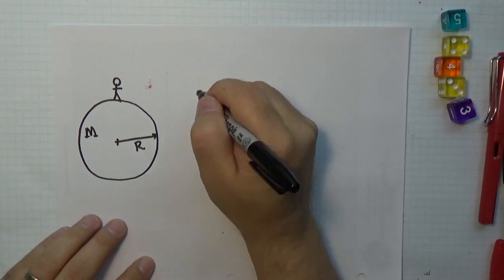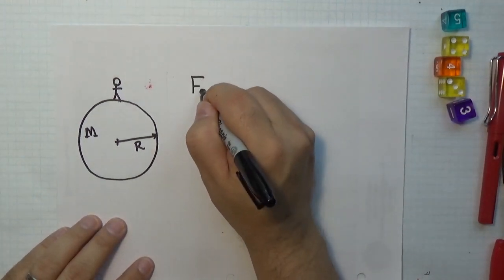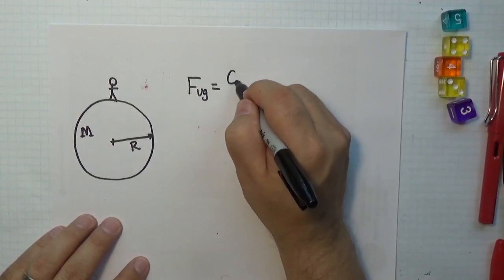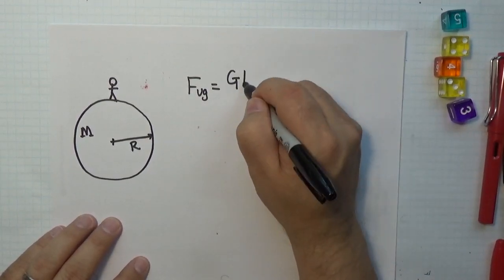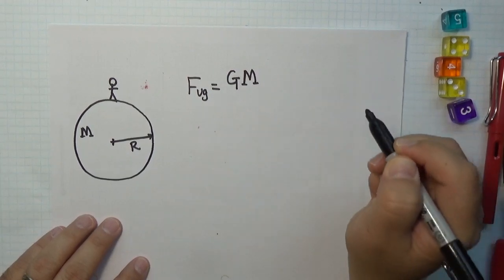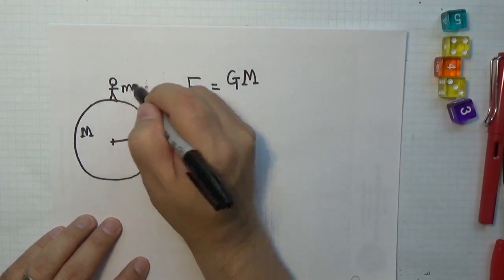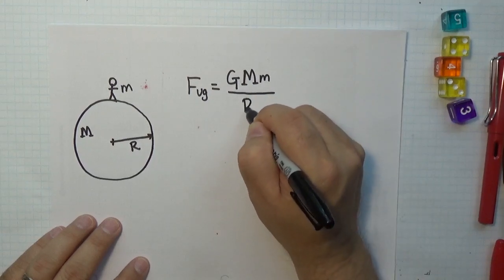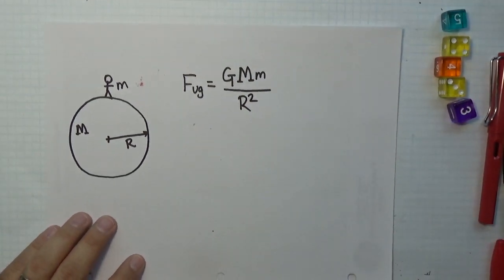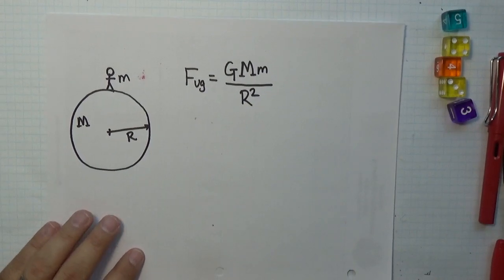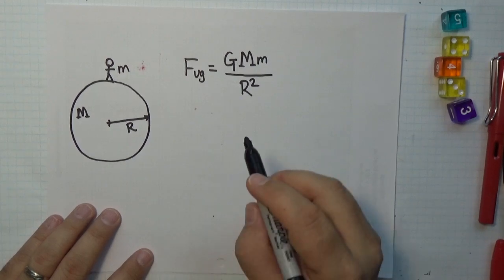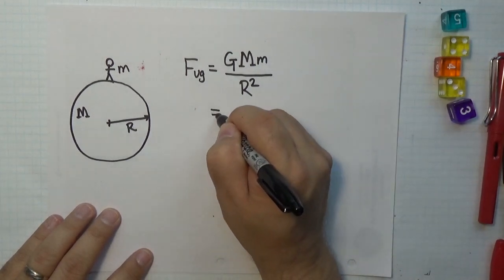Now you'll remember that we said the universal law of gravitation can be written as G, Newton's constant, times the mass of the planet, times your mass, divided by the radius of the planet squared. Something we didn't do the first time we learned about that is write it out in a second step, but I can write it out in the following way.